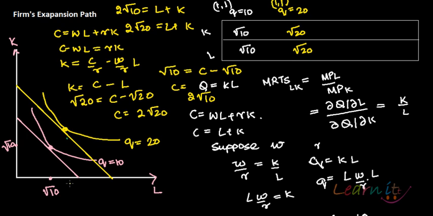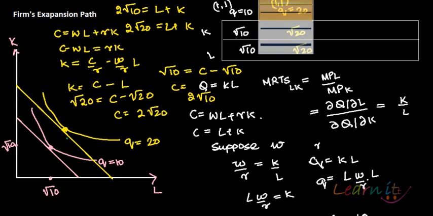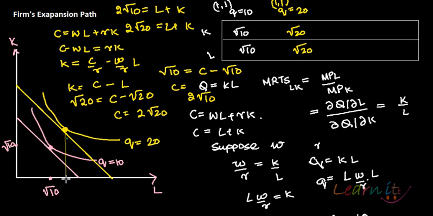At this point, the amount of labor is root of 20, and the amount of capital is also root of 20. Both of these, E1 and E2, are the cost minimizing input choices for a given level of Q. Now in case you join these two together, you get what is known as the firm's expansion path.